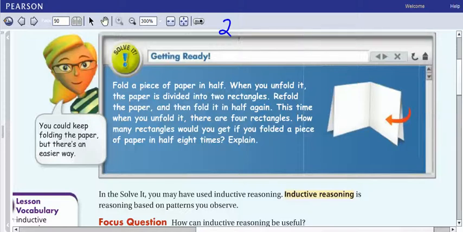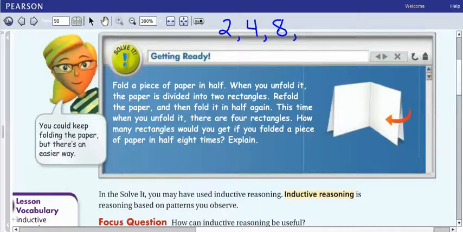Number of rectangles after 2 folds, 4. Number of rectangles after 3 folds, 8. Do you see the pattern? 16. What's happening each time you make another fold? You're doubling the number of rectangles, aren't you?